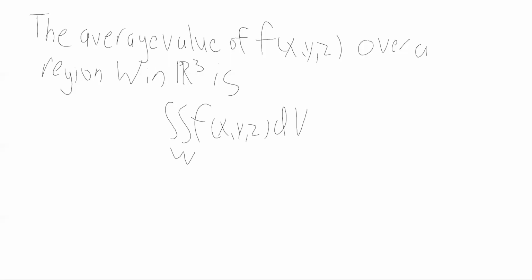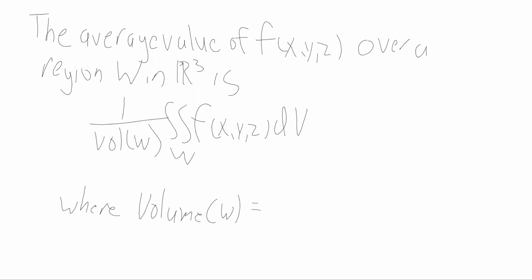So this integral is like adding up all the objects, and then you have to divide by the total number of objects, which is just going to be the volume of the region W. And remember, the volume of some region in R3 is just the triple integral of the function 1 over that region. So you're just integrating the function 1 over the region W, and that's the volume.